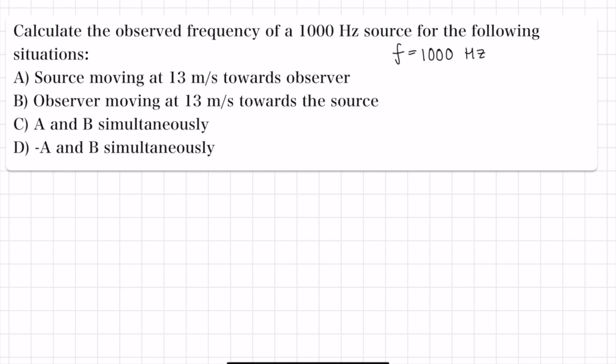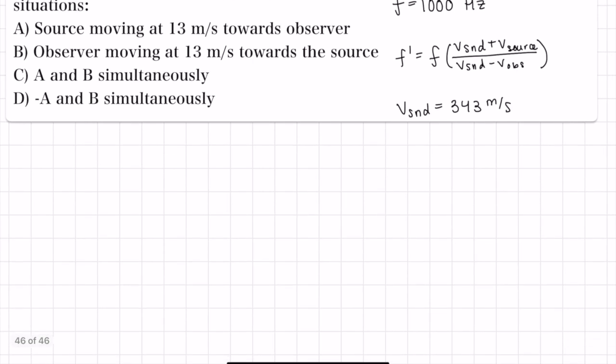For A, we're going to focus on one at a time, so I'm just going to write the equation. We have F prime is F times (V sound plus V source) over (V sound minus V observer). And V sound is the speed of sound, which we can assume is 343.